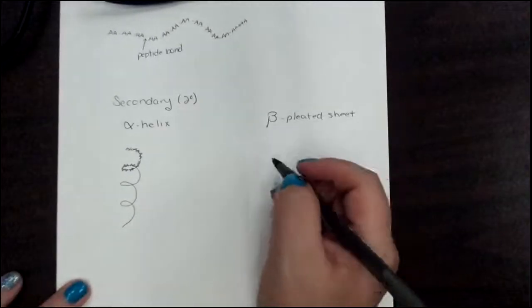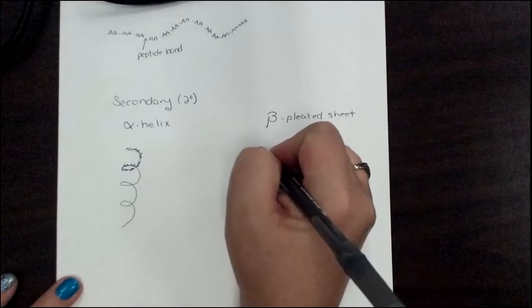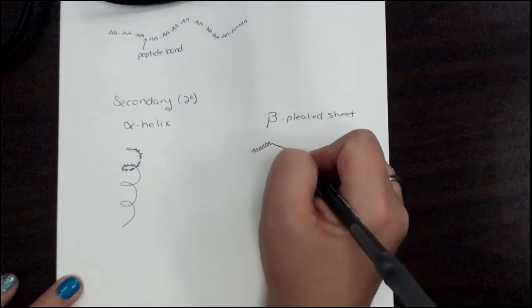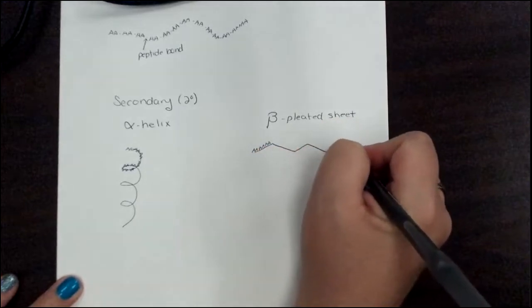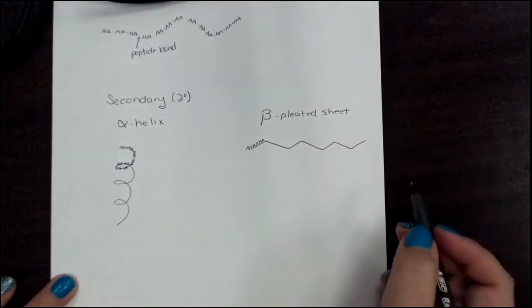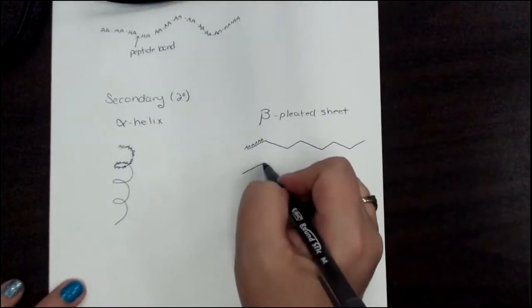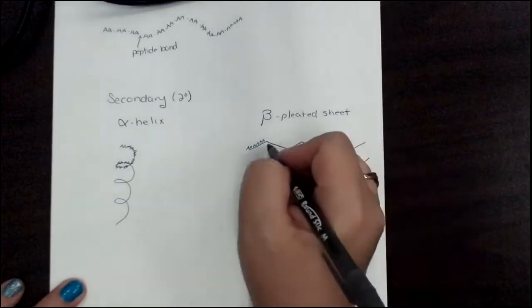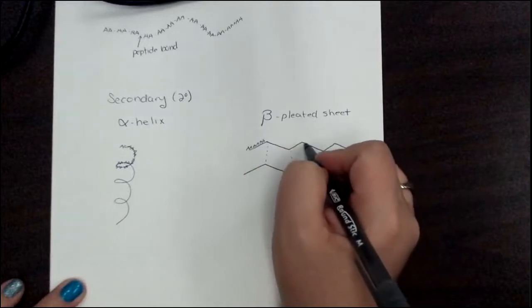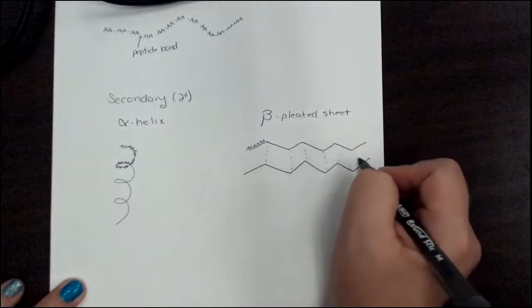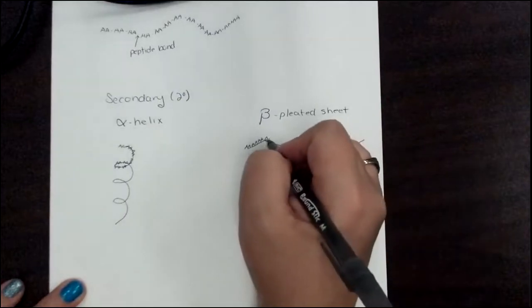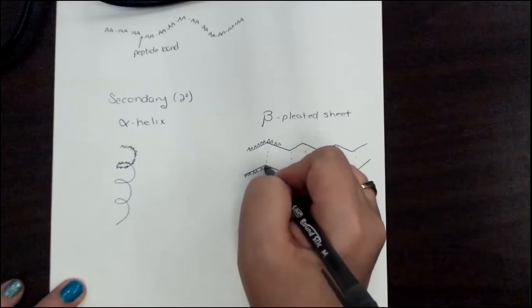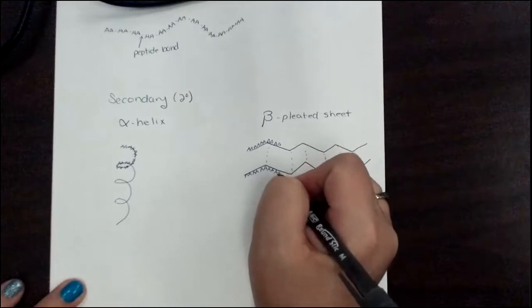For a beta pleated sheet, what happens is that same amino acid strand gets bent into almost like a zigzag pattern, and you'll get other zigzag patterns like so, and then those get bonded together by the R groups, and so you end up with this sheet, or it's like a wide ribbon of amino acids.